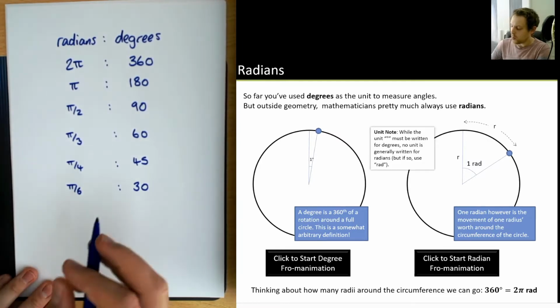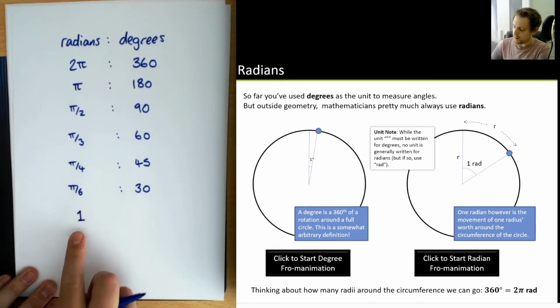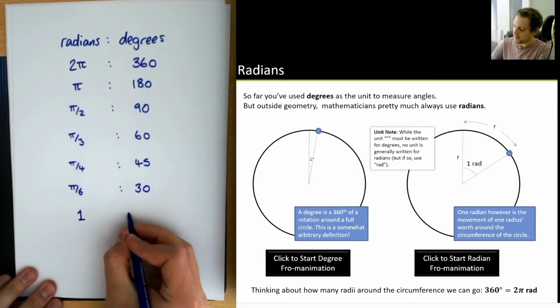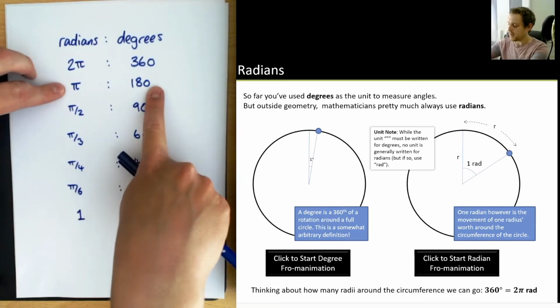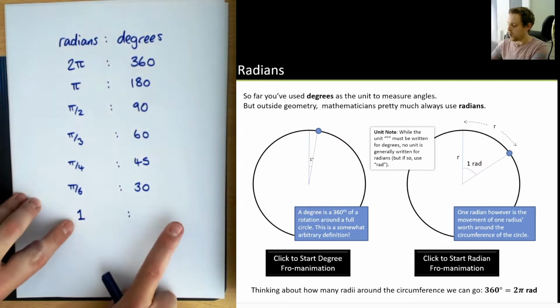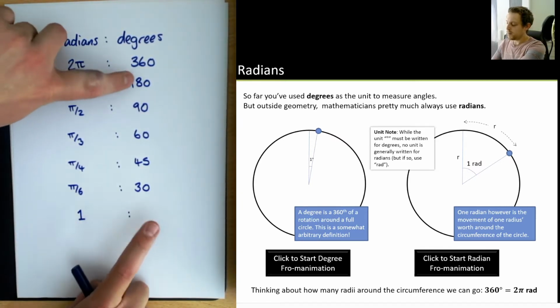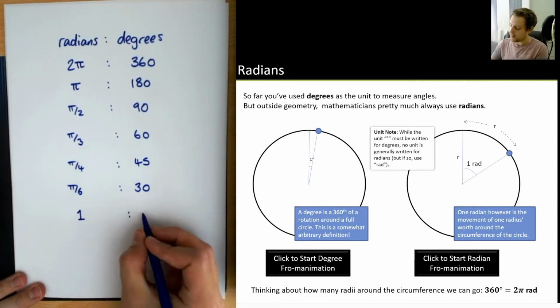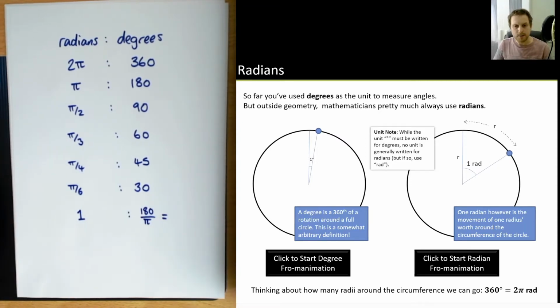Now I asked, what if I actually wanted this number here to be 1? If I want 1 radian, what is that in degrees? So if we go back to here, what do I need to divide both sides by to go from pi to 180 to 1 to something? I'm going to need to divide both sides by pi. So I'm going to need to do 180 divided by pi. So let's see what that is.